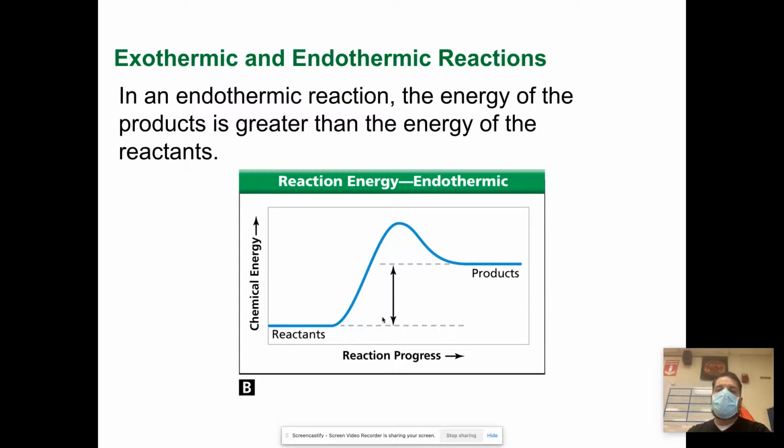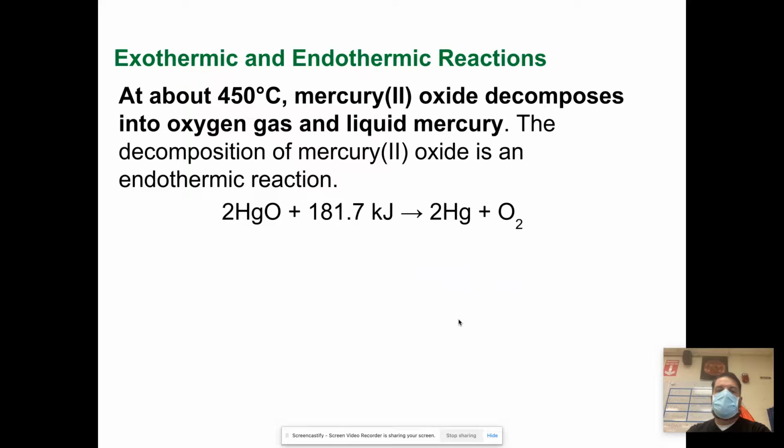They have to absorb energy from their surroundings. That energy goes into breaking bonds, and then it peaks right here, and then there is a little bit of a release when the products are formed, but it's a little bit backwards. The energy is absorbed by the reaction.